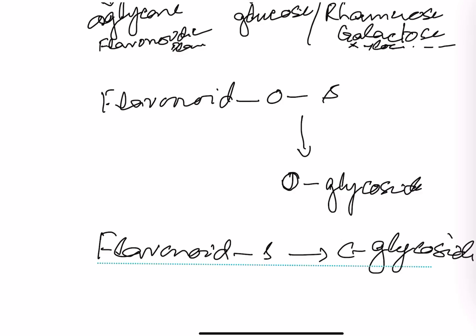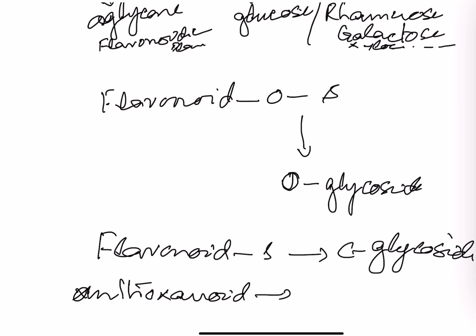In nature, the flavonoid is normally associated with the sugar, and therefore it is known as the anthocyanin. Anthocyanin is nothing but your flavonoid glycoside. Okay?